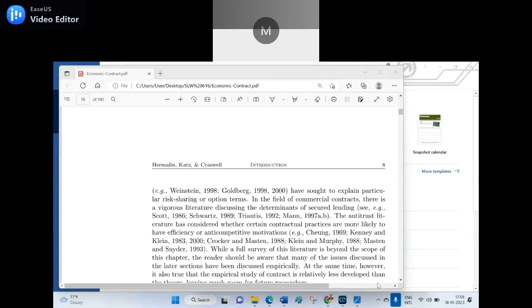Otherwise, the owner will be on the road with only 2 or 3 pieces of clothes. That much loss would be incurred. And hence, people keep risk sharing in each and every activity in their life.